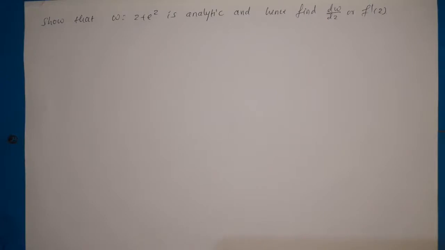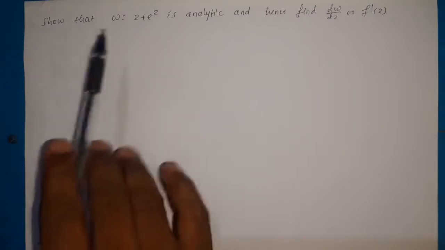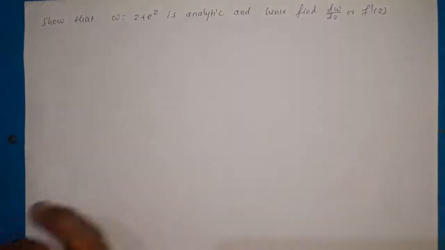Therefore, first of all we need to express the function in terms of x and y, similar to the previous examples on functions of a complex variable. By putting z equal to x plus iy, we separated the real and imaginary parts of the function. Similarly here, first we need to express the function as real and imaginary parts separately.